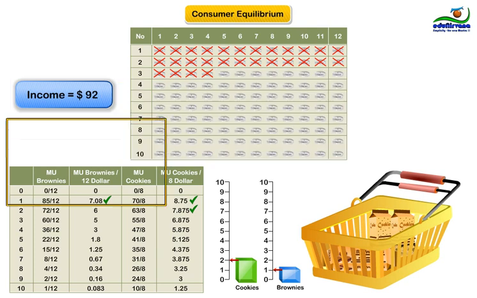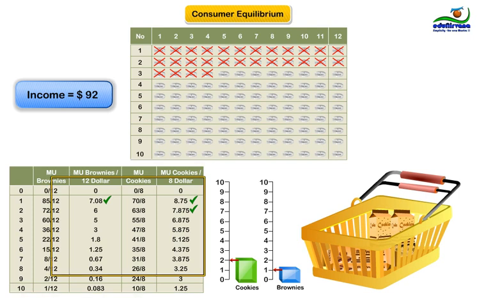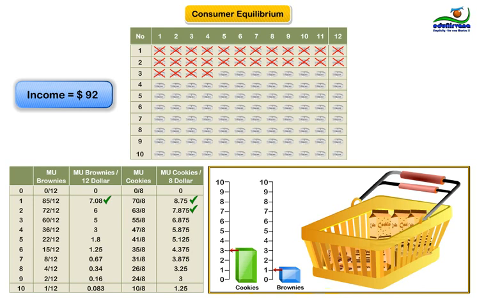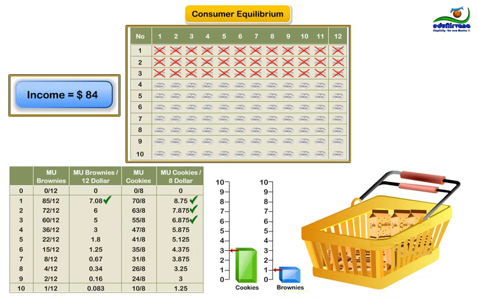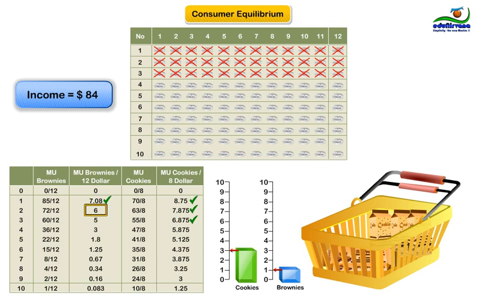Moving ahead, since the marginal utility per dollar for the third cookie is more than that of the second unit of brownie, the consumer will select the next cookie by spending $8 more from his pocket. Now, the total spending rises to $36. What next? Second unit of brownie, marginal utility per dollar of 6, instead of the fourth unit of cookie, marginal utility per dollar of 5.875.